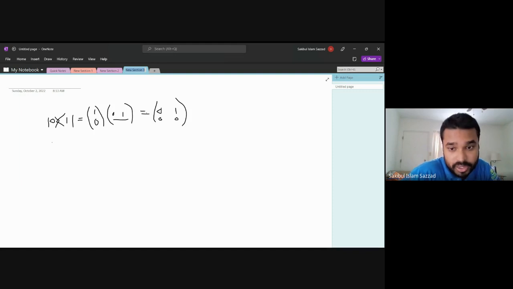This outer product is important for 2-qubit gates. I will explain how it makes sense for a CNOT gate a bit later. So let's say this is for 0 and 0. I will write the outer product for 0 and 0.